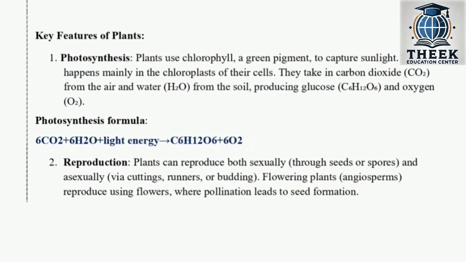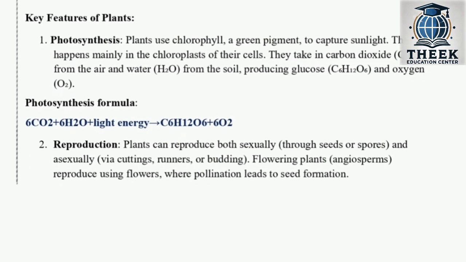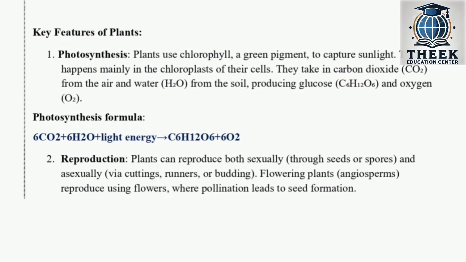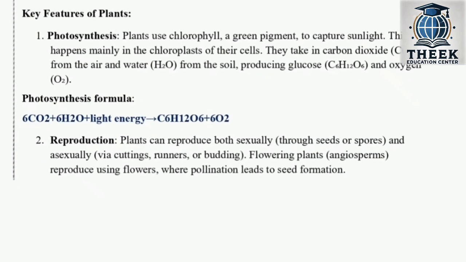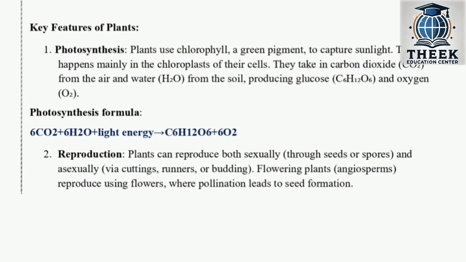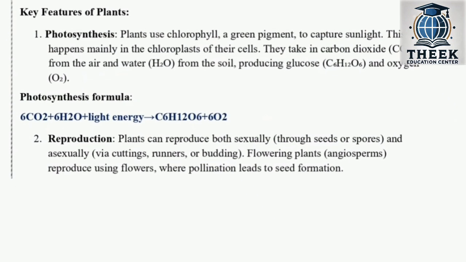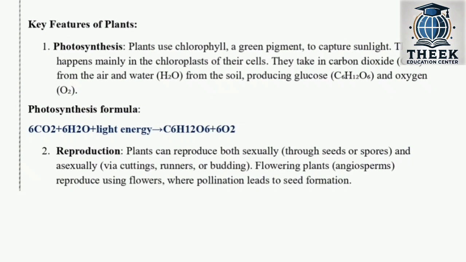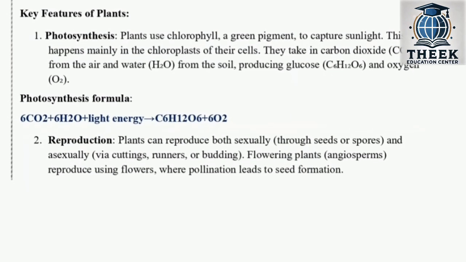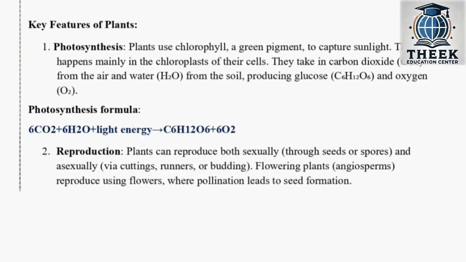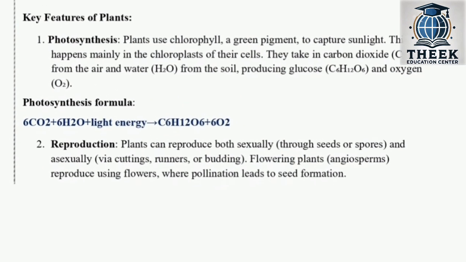While some of the oxygen is retained to be used in the process of respiration, since these plants also require energy for growth and development. Now, the hydrogen produced in the first stage, which is the light-dependent stage, is used in the dark stage, where it combines with the carbon dioxide to form a simple sugar or glucose.